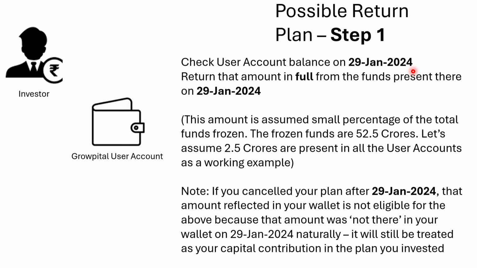So step 1 entails checking the user account balance on 29th Jan 2024 for a given investor. And the deal is that we just return that amount in full from the funds that hopefully will be unfrozen now. So whatever was your user account balance on 29 Jan 2024, that amount will be returned in full back to the investor.